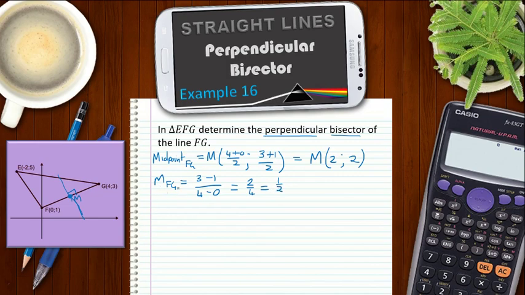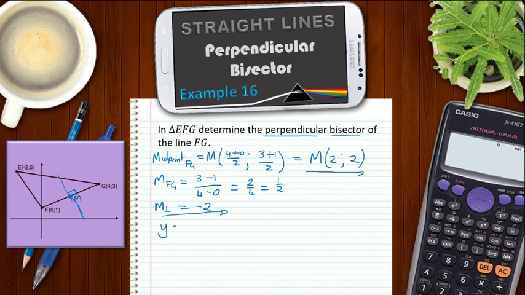So if this is the gradient, we know that the gradient perpendicular to that line is going to be, if I find the perpendicular gradient, I just swap around the numerator and denominator and change the sign. So this will then be negative 2 over 1, or just negative 2. Okay, and now finally we have the point that the line goes through, and we have the gradient of the line.